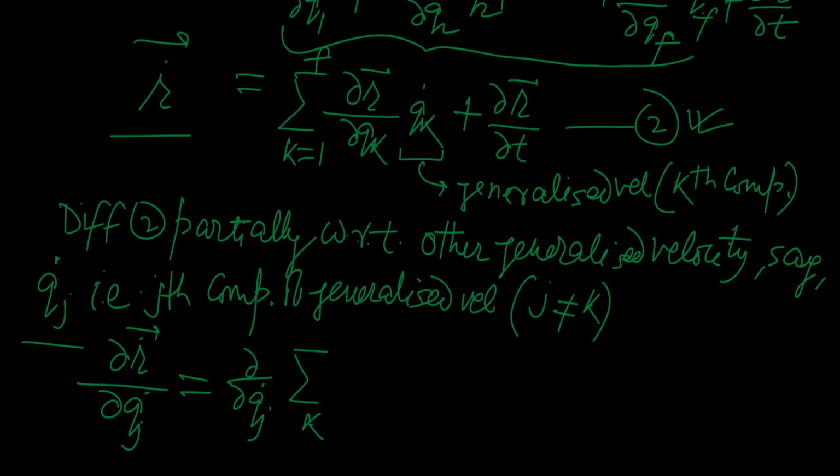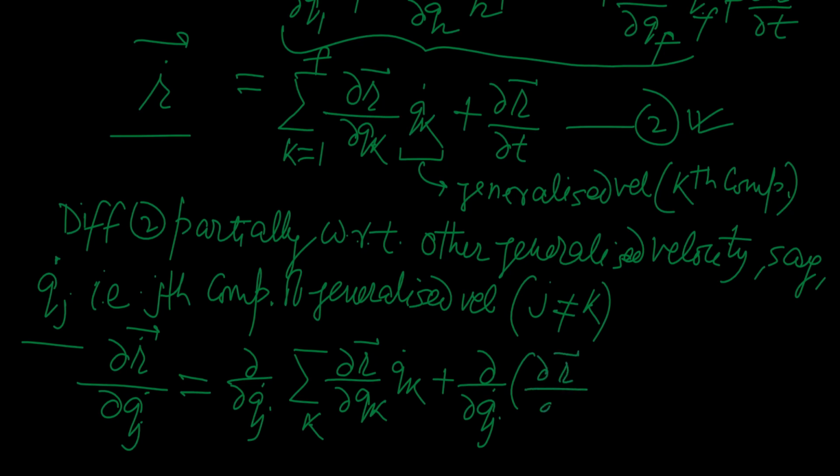So this is del r by del qk dot plus del by del qj dot of del r by del t.